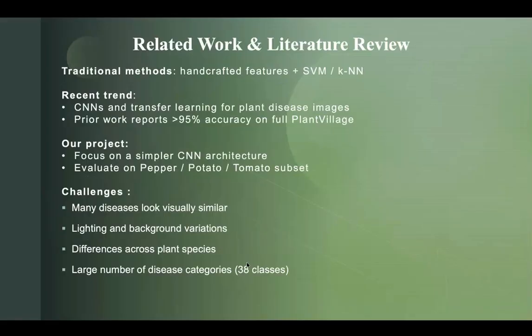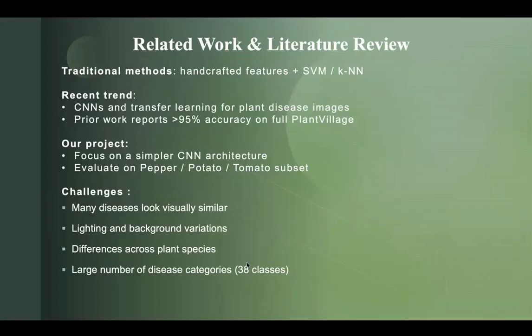Related work and literature. When we reviewed prior literature, we found two trends. The first one is the traditional approach, and the second one is the modern approach. Before deep learning became popular, researchers extracted hand-crafted features like texture, color, histograms, edges, and shapes. They used machine learning classifiers like SVMs, KNN, or random forests.